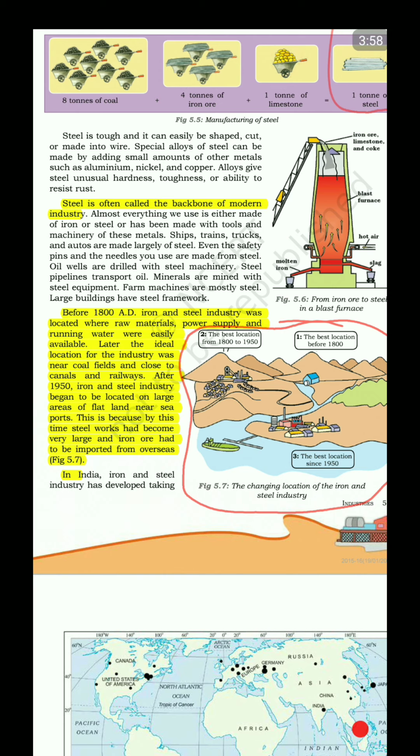So first we saw from the valleys because of charcoal, moving towards near the coal mines because of the blast furnace change in technology. Again, with the coming of hydroelectric energy and new technology, the role of the coal was reduced, and hence the industry started shifting towards the iron ore mines.